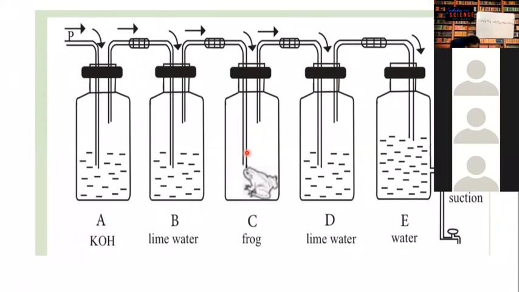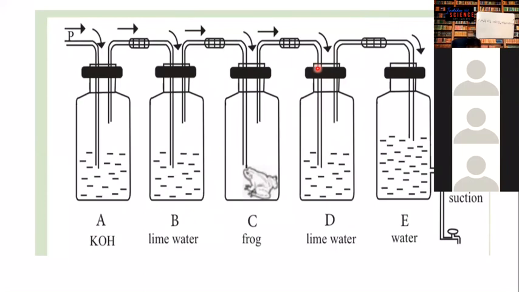If you want to show the release of carbon dioxide during the respiration of plants, what change should you make? You have to make the setup, but show that plants release carbon dioxide during cellular respiration. They are asking what change you have to make. It's not difficult.